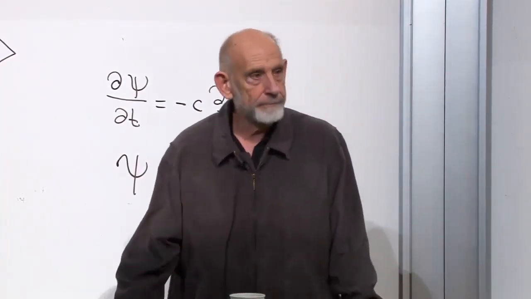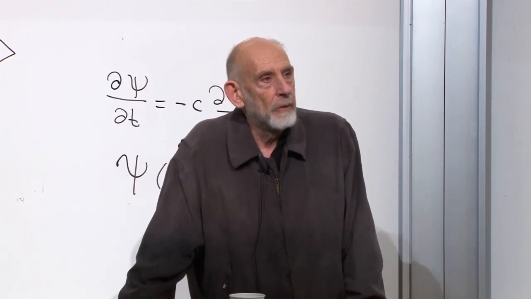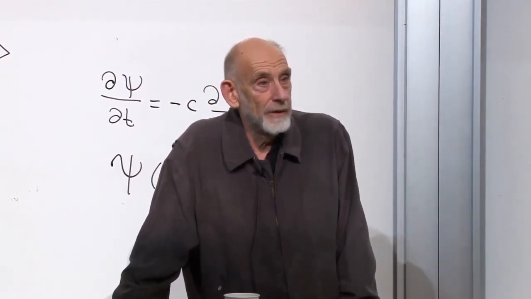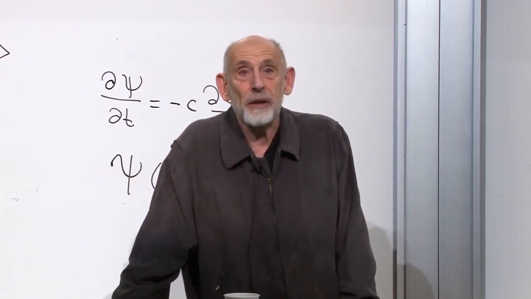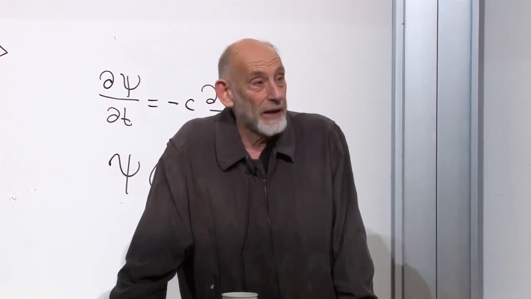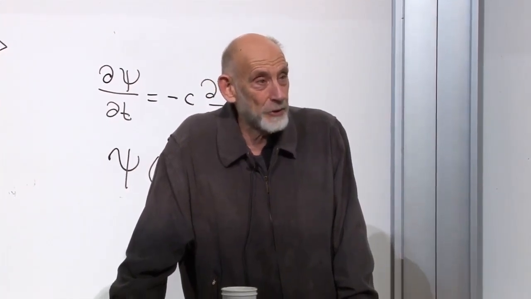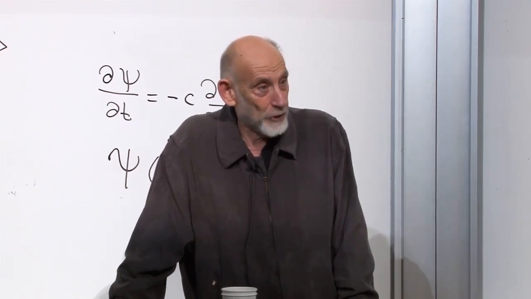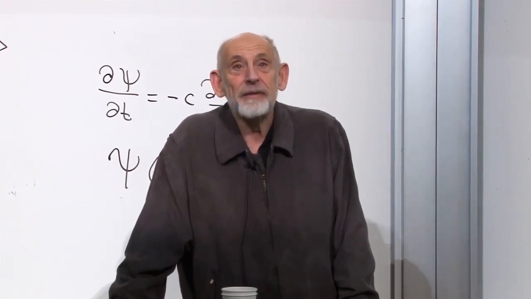He said replace the c with velocity v. But velocity v means momentum. But pv is the same as p squared over 2m. Not quite. It's p squared over m, but that's close to right.